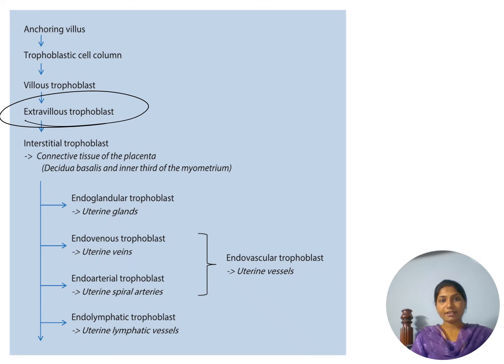So this extravillous trophoblast is again divided into interstitial trophoblast, which is present in the connective tissue of the placenta, especially at the level of decidua basalis, and that helps as it is like a bed. It's like a placental bed between the placenta and the myometrium.